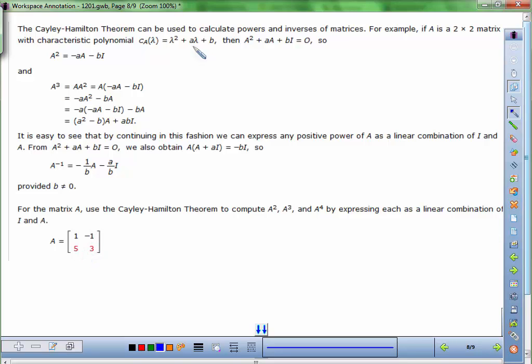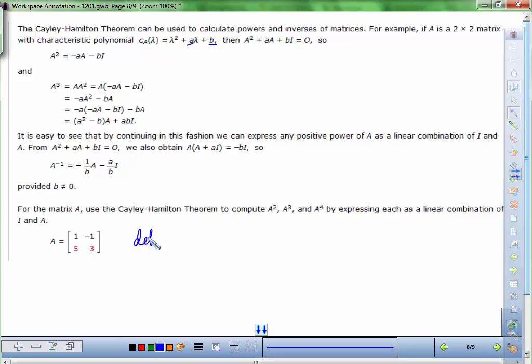So if we can figure out what our other coefficients are, we can find our A squared, A cubed, A to the fourth, and stuff like that.